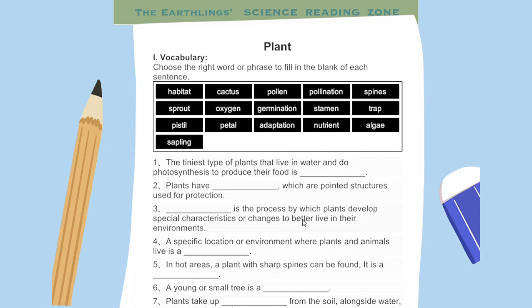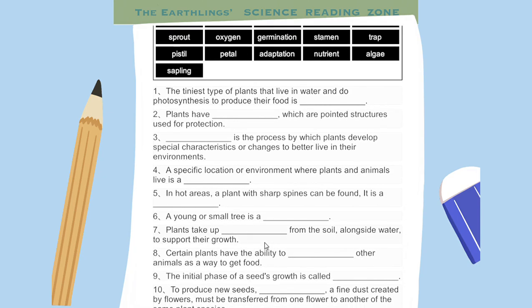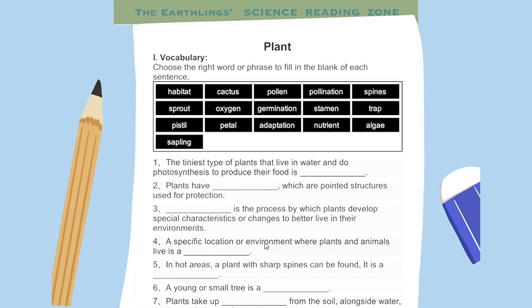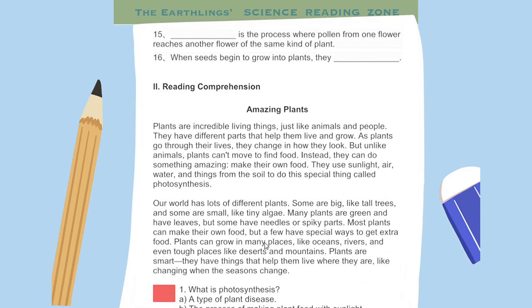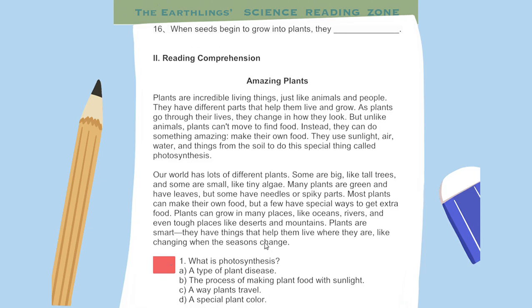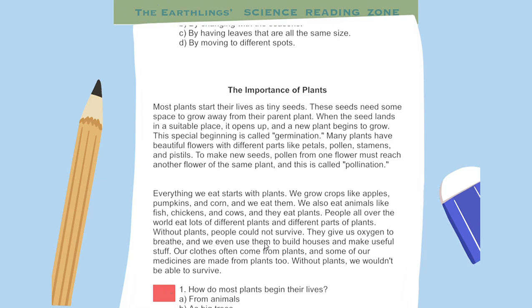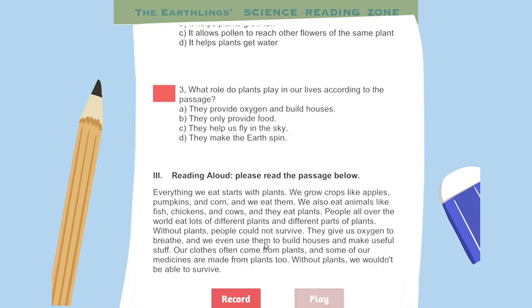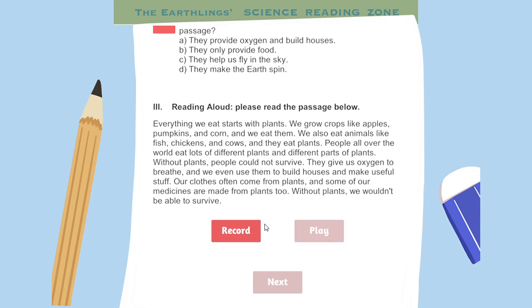So at the end of the task, it will have the post-test for them to check their comprehension about first vocabulary, then move on to the reading comprehension part. And last one is the reading aloud.